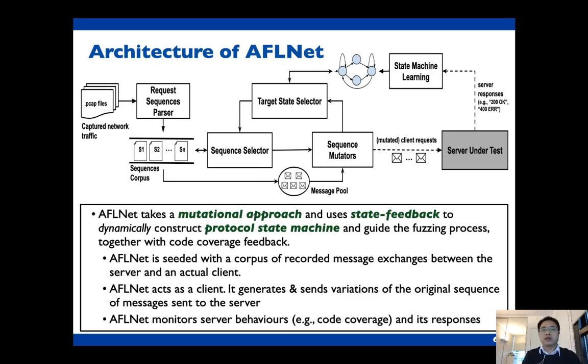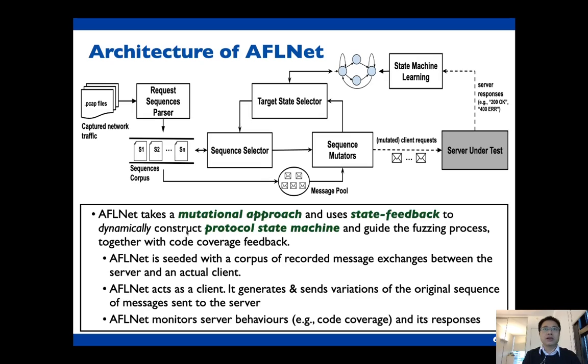To tackle these challenges, we designed and implemented AFLNet, the first Greybox Fuzzer for stateful network protocols. From a high-level view, AFLNet takes a mutational approach and uses state feedback to dynamically construct a protocol state machine and guide the fuzzing process together with code coverage feedback.